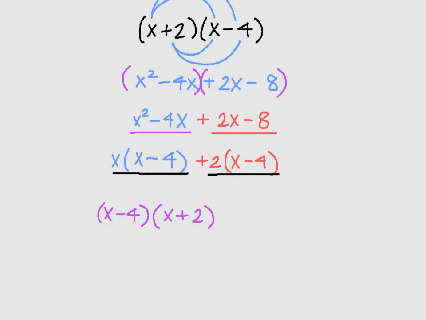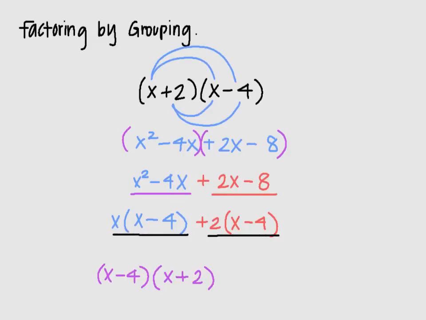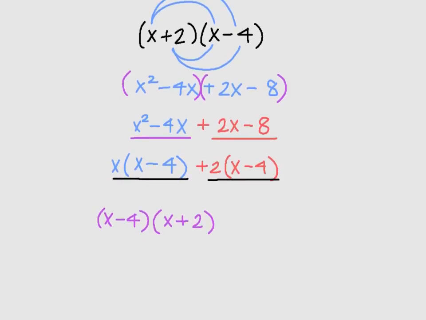So now what I did was I took a polynomial that originally was not factorable by GCF. I grouped parts of the polynomial together. So I grouped it by the first two terms here, and then the last two terms here. I factored out the greatest common factor of x squared minus 4x to get x times x minus 4.